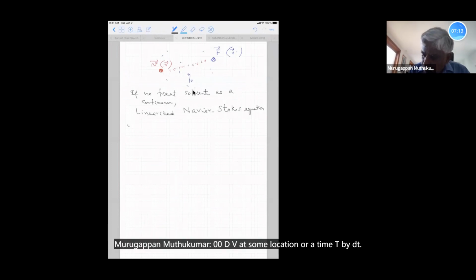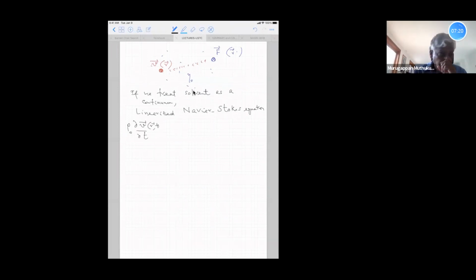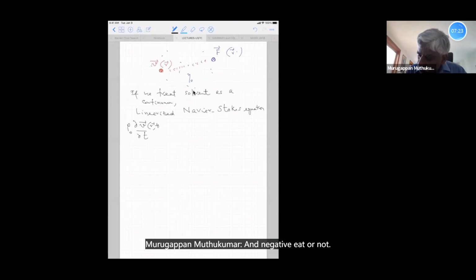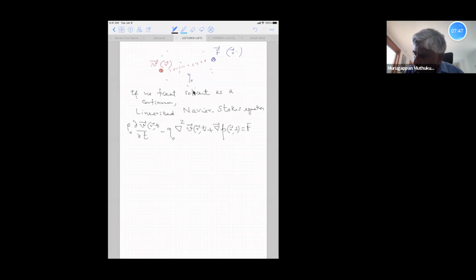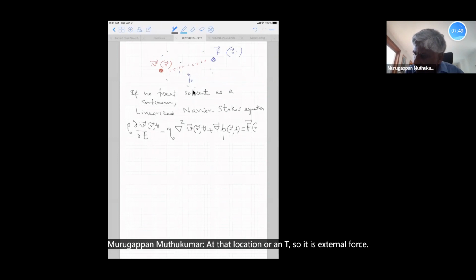Rho 0 dV at some location R at time t by dt, and negative eta naught del square, in three dimensions the second derivative, of V of R and t, plus the gradient of the pressure at the location R and t, is equal to any external force at that location R and t.